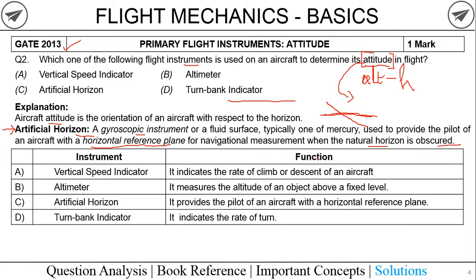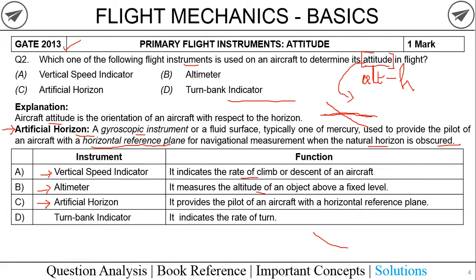Now, regarding the options, they are basically asking which instrument measures the attitude. So let's see the purpose of all these instruments. The vertical speed indicator is used to provide the rate of climb, that is the rate at which the aircraft is climbing, and the altimeter provides the height or altitude of an object above a fixed level.